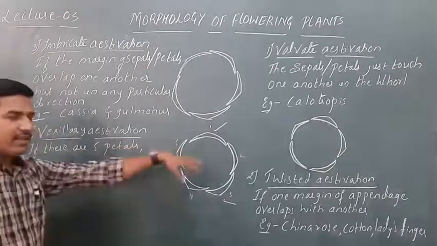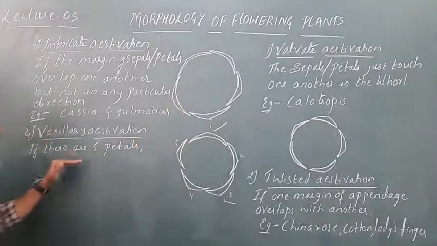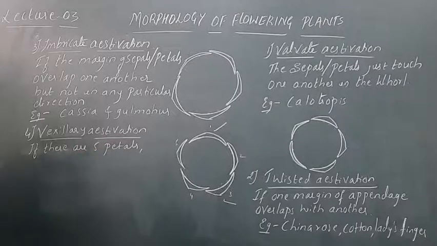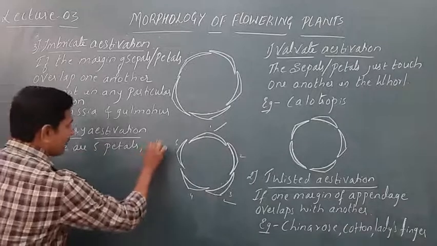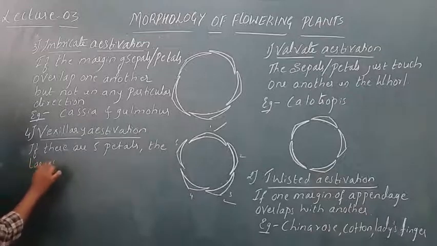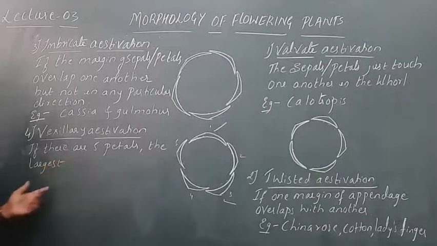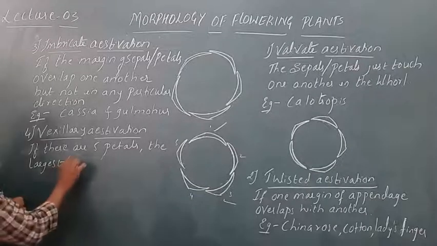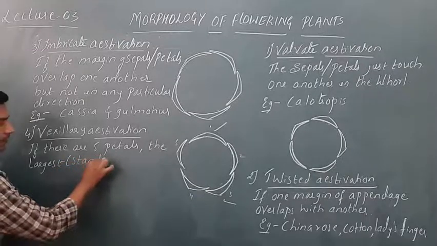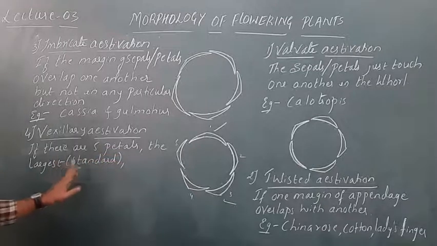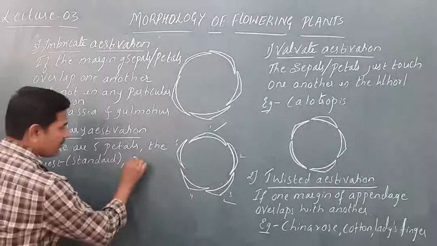Okay, as we are taking the 5 petals here, suppose if there are 5 petals, what we do out of the 5 petals, the larger or let us say the largest petal is called as a standard. The largest petal, which is called as a standard, overlaps two lateral petals.